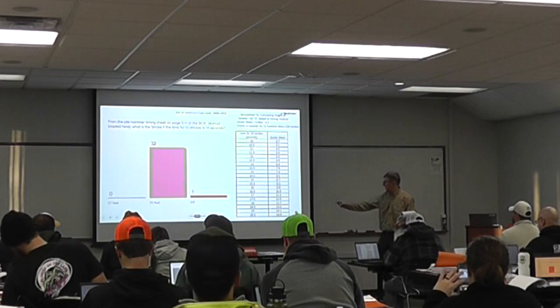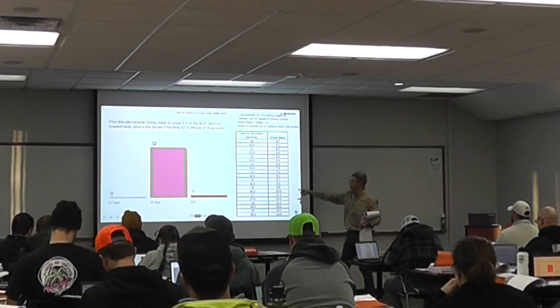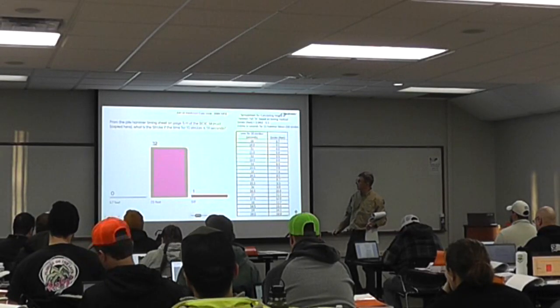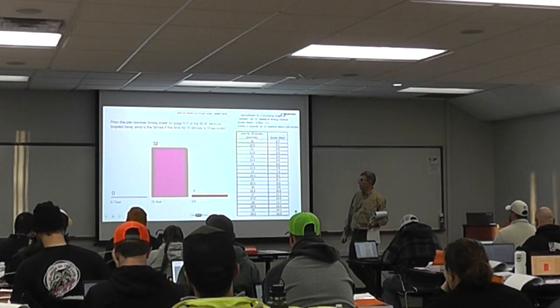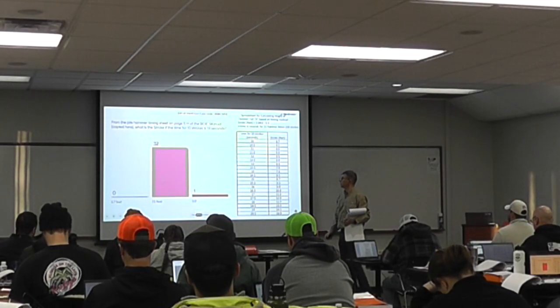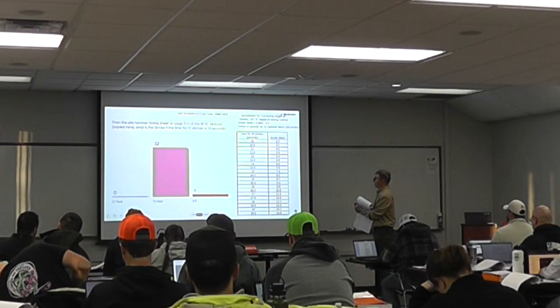So we gave you the pile hammer timing stroke method here. The question from the pile hammer timing sheet on page 5-H of our manual: what is the stroke if the time for 10 strokes is 14 seconds? This left column is time for 10 strokes.